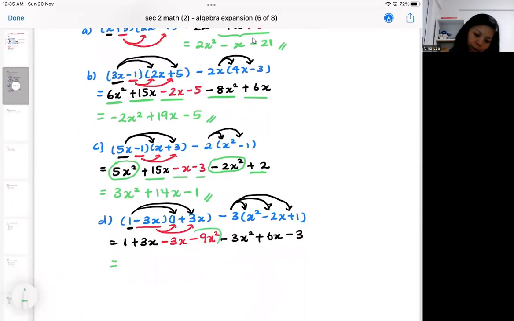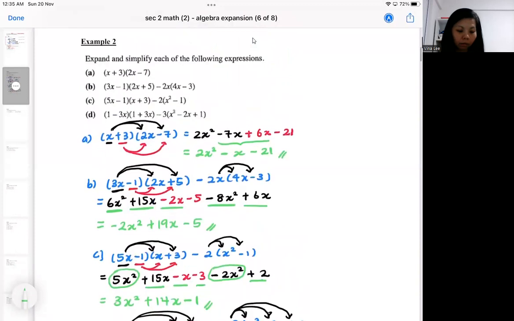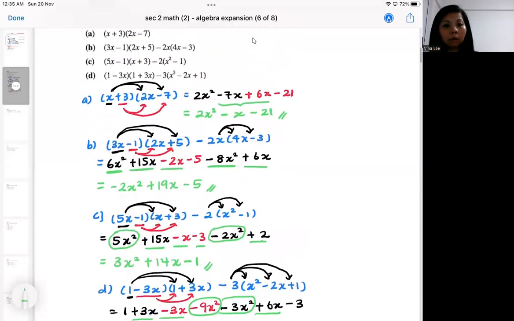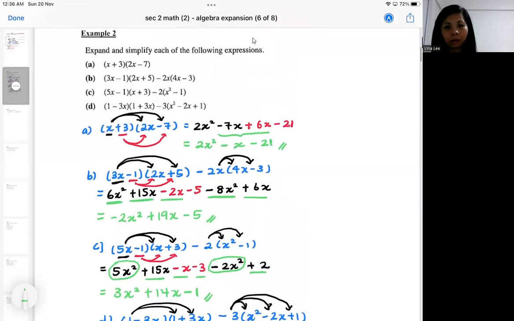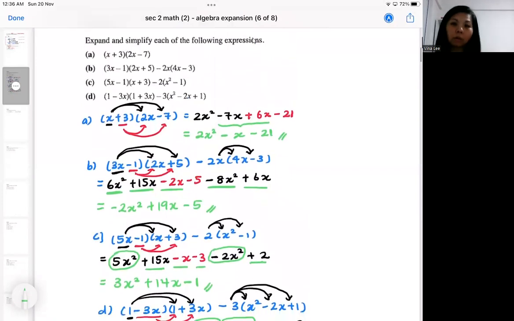Again, I will group the highest power first. Be a bit organized; that will minimize careless mistakes as well. Then 3x minus 3x is gone, and I got a 6x, and 1 minus 3 is a minus 2. It's up to you whether you want to ensure that you got no careless mistakes. You have to learn to check for careless mistakes.